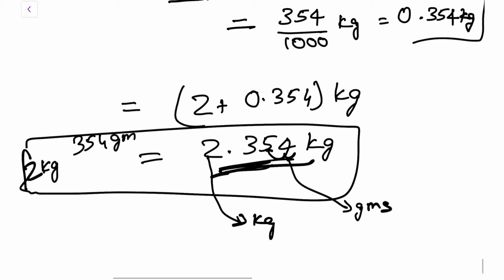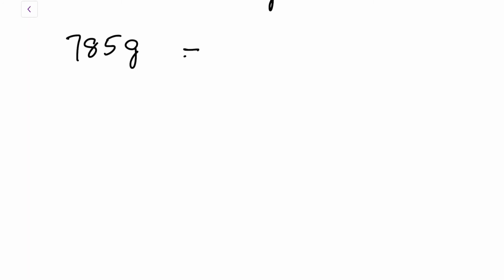Let's take another example. How about if something weighs only 785 grams? How do you write this as a decimal? 1 gram, we know, is 1 by 1000 kg.